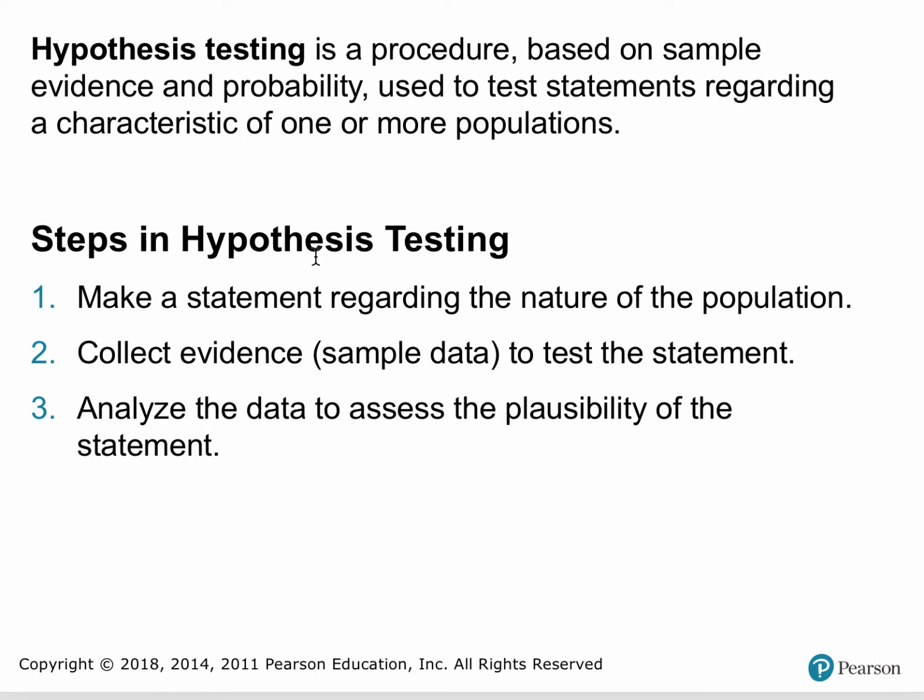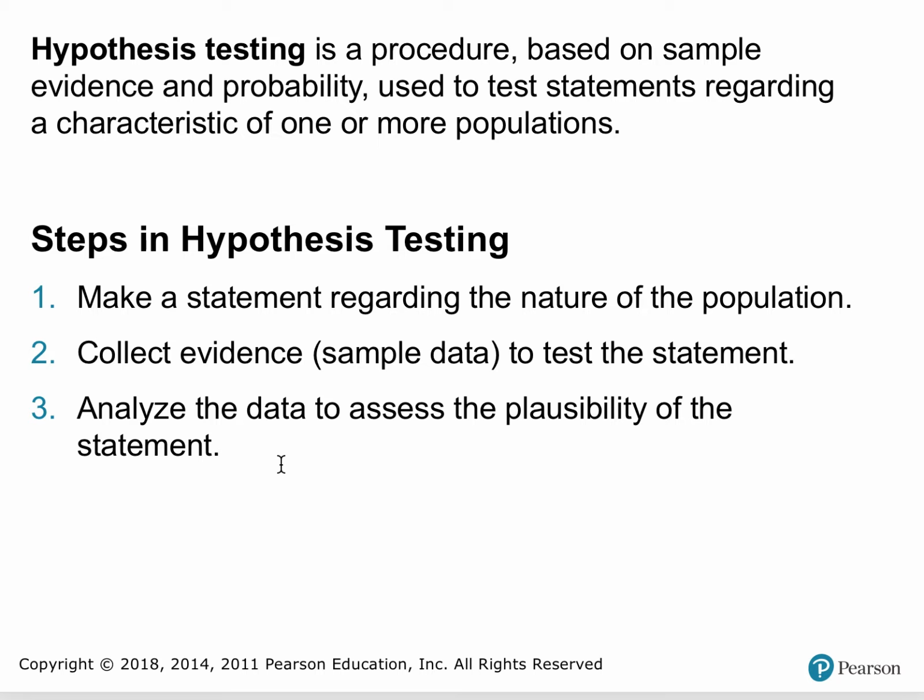Here's the steps in hypothesis testing. Okay, 1, make a statement regarding the nature of the population, okay, like those statements we mentioned before. 2, collect evidence to test the statement. 3, analyze the data to assess the plausibility of the statement. So, because we use sample data to test hypotheses, we cannot state with 100% certainty that the statement is true.